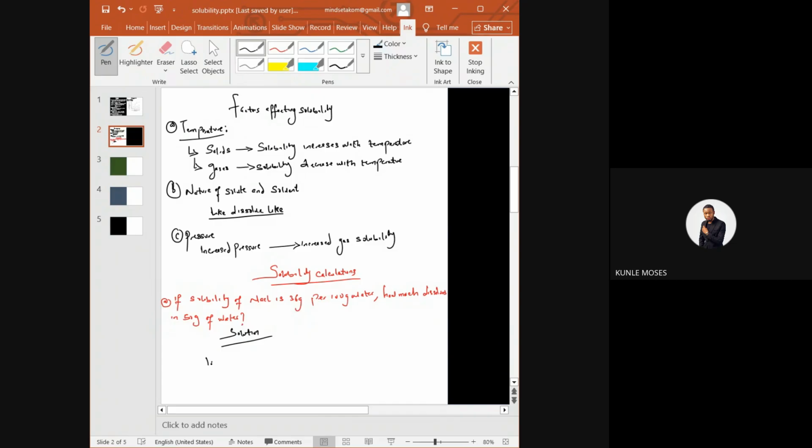It simply means the solvent, 100 gram of water, dissolves 36 gram of NaCl, isn't it? So then how much salt will dissolve in 50 gram of water? That means 50 gram of water will dissolve, you first multiply, so that will give us 50 times 36 divided by 100.